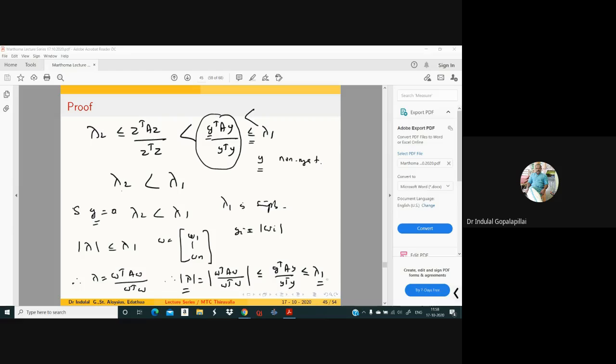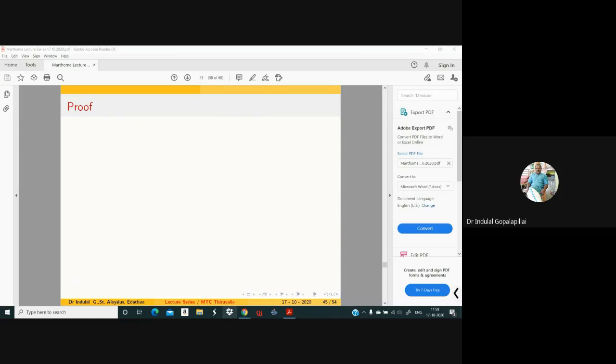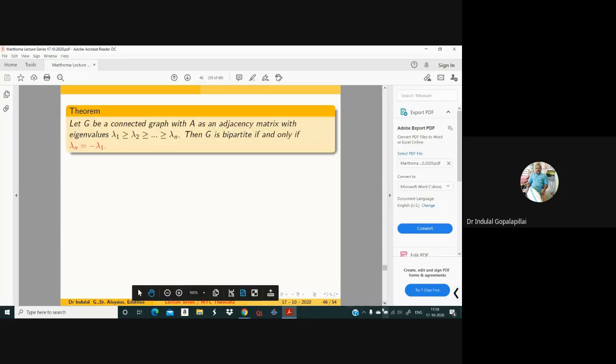And this is the celebrated Perron-Frobenius theorem. Using this theorem, we can also characterize bipartite graphs. This is a simple application of the Perron-Frobenius theorem and the Rayleigh principle. A connected graph G is bipartite if and only if lambda n equals minus lambda 1.